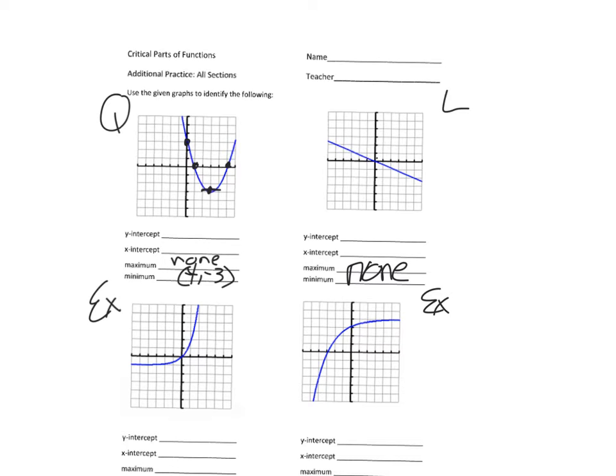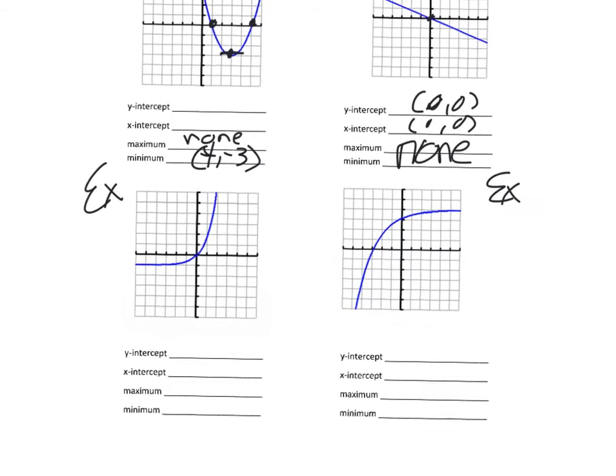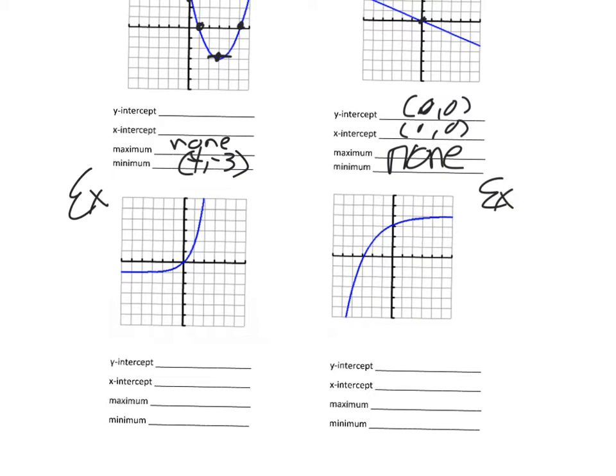Here, your y-intercept is 0, 0, the origin, and it's also your x-intercept. Okay, it's crossing both axes. All right, for your exponential, this one is a minimum. This one is a maximum. All right, so this one has no minimum and no maximum.